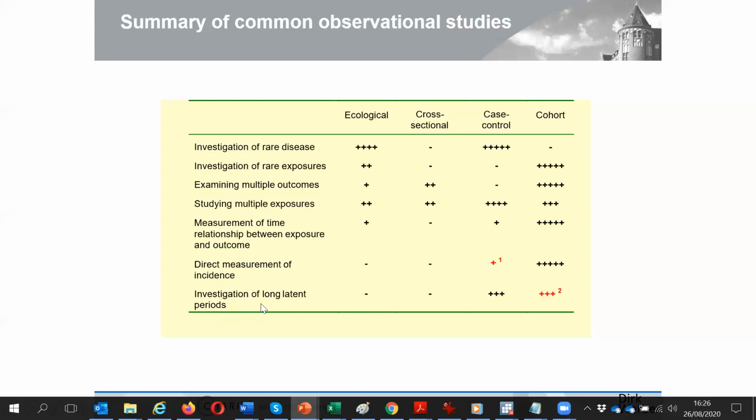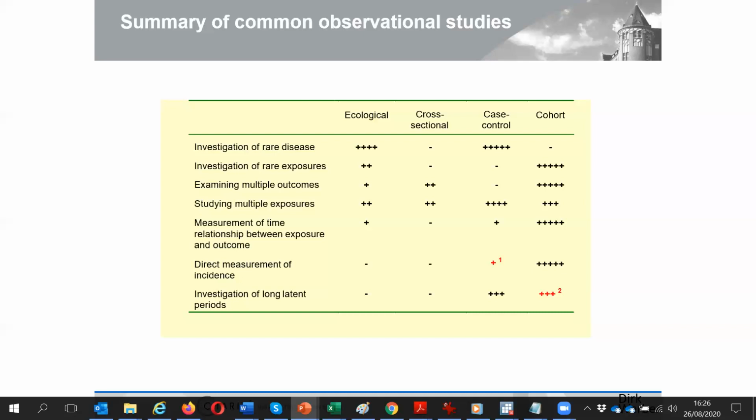Then for investigation of long latent period, case control are the best. Cohort studies can also do it. Remember, I think we explained this, these are conditions where it takes time to develop disease after exposure. You might be exposed to something, but after being exposed, it will take a lot of time for you to develop the disease.